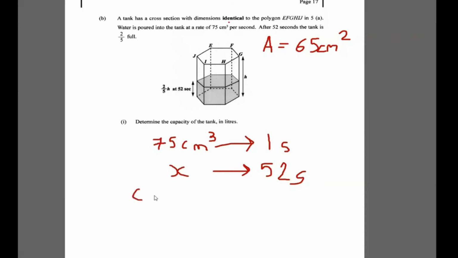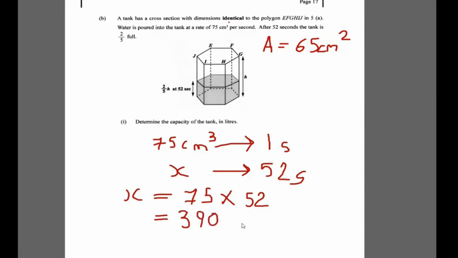So the unknown I'm calling X, the capacity poured into the tank after 52 seconds, is 75 times 52, and that's equal to 3,900 cm³.